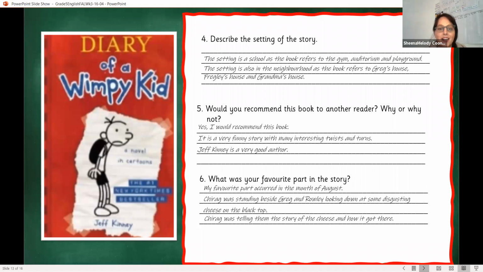Okay. Well, how many stars should we give it? 1, 2, 3, or 4, 5. Remember, you can only go as far as 5 stars. You can't go more than that. So, what should we do? Okay, let's give it, someone said 3.